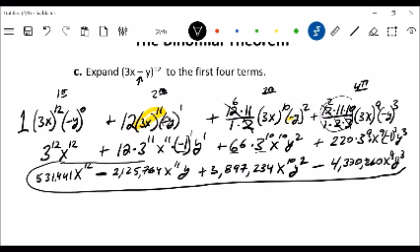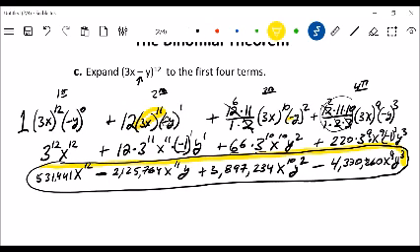Ooh, there's a lot to that one. And each time the exponents add up to 12, and the coefficients are a combination of the coefficient and the numbers that are multiplied out.